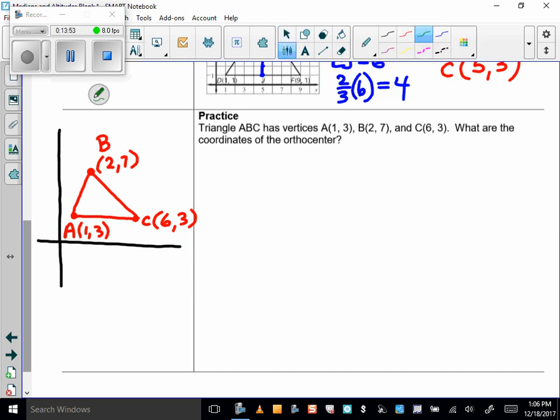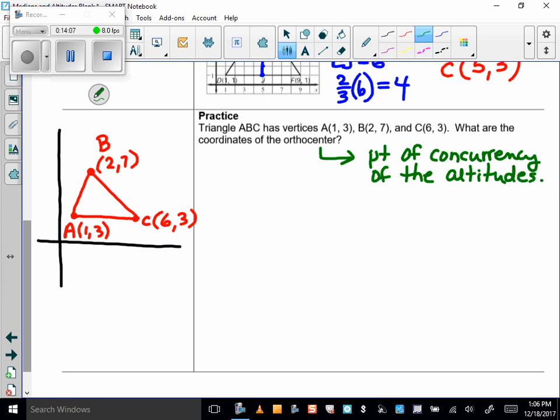Okay, what do I remember about the orthocenter? It's the point of concurrency of the altitudes. Right? What is an altitude? The altitude of a triangle is the perpendicular segment from a vertex to the opposite side. So let's do this.